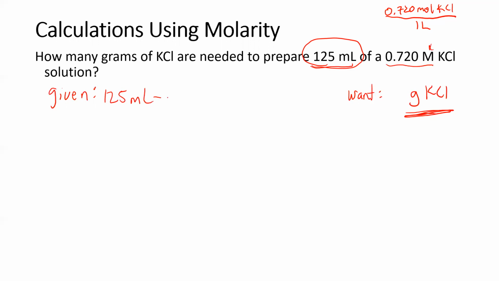I can convert the mLs to liters using the metric system, and we know there's 1,000 mLs in 1 liter. And then from liters, I can go to moles very easily using my molarity. And then like we've been doing all along, I can go from moles to grams very simplistically by using molar mass.